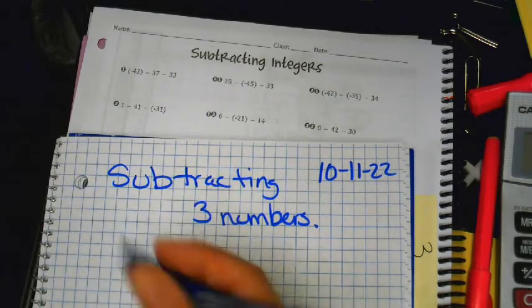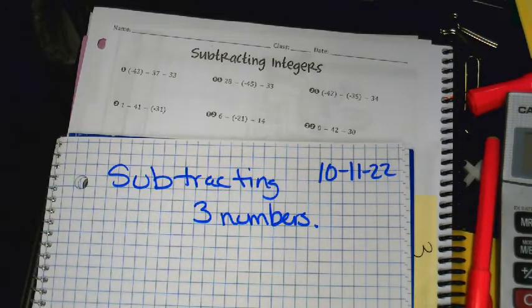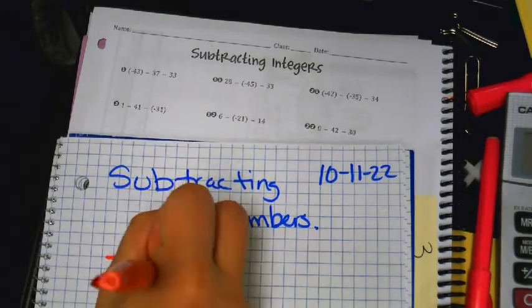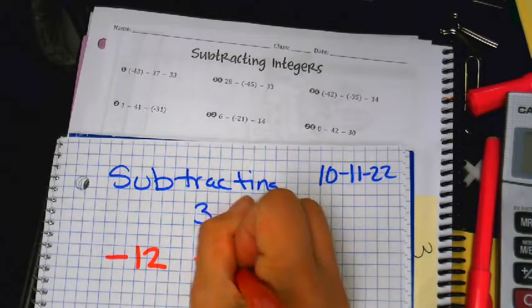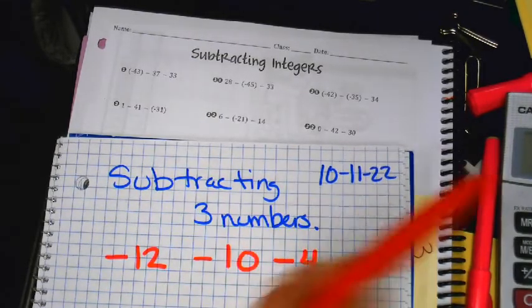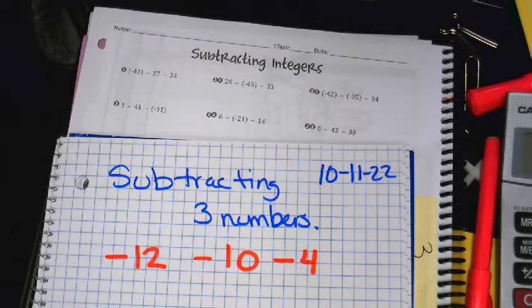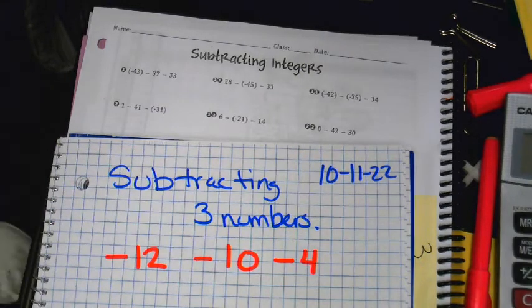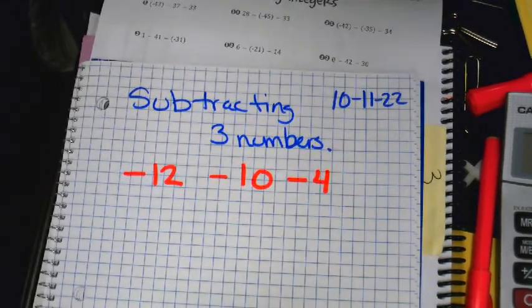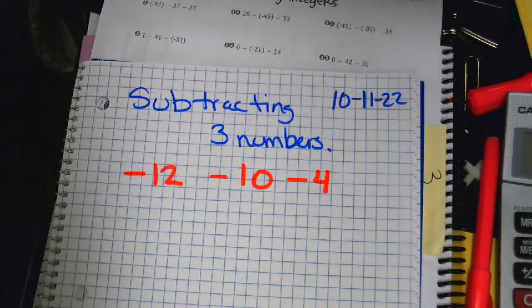Okay, so negative 12 minus 10 minus 4. Everybody focus on the notes. I understand you want to try number 1. All right. So, you're still going to do keep, change, opposite, and then some, and more opposites.